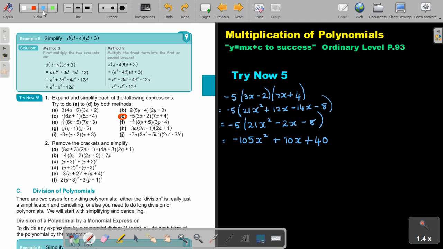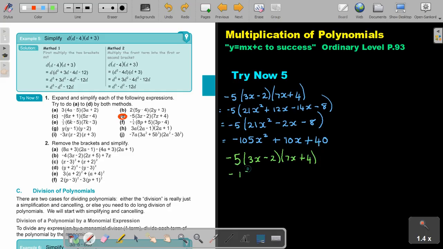Or, and this is the last one I'm doing in this video, if I do it on the other method, I write it here. In this case, I multiply the -5 into the first bracket.